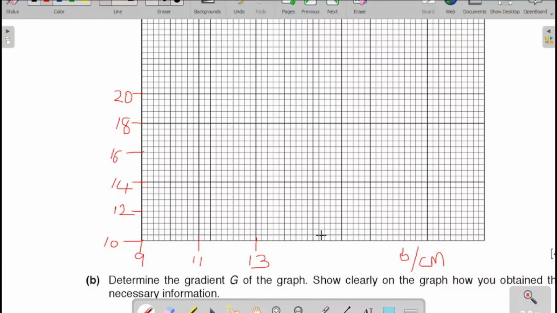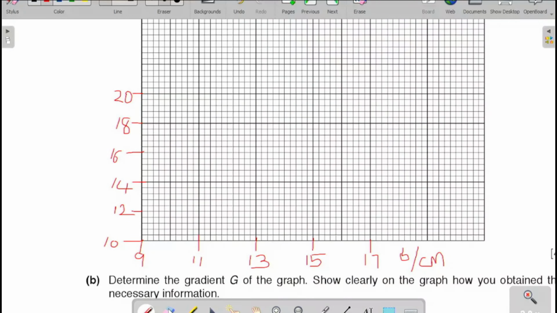So this is 9, 11, 13, 15, 17, we make this one 19, and this is 21. So this is our axis B in cm.